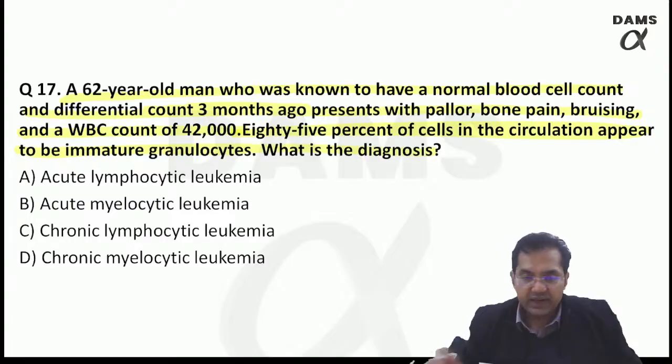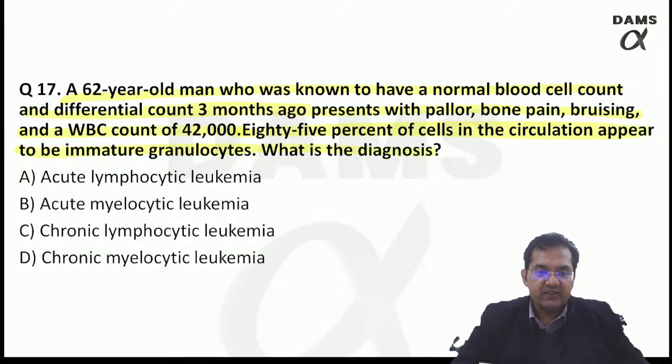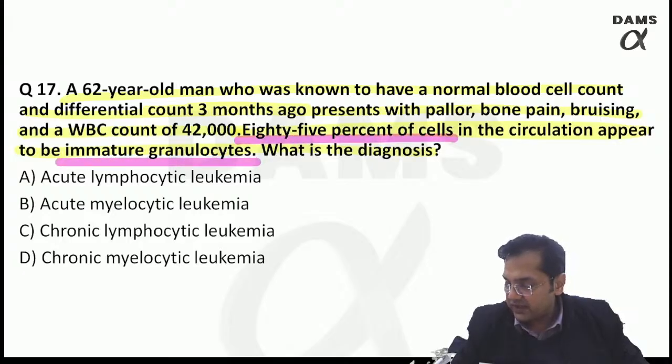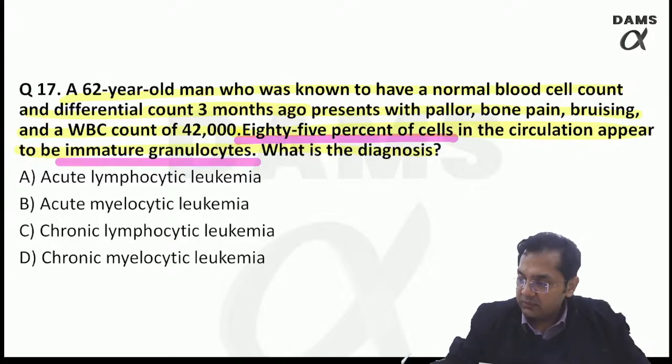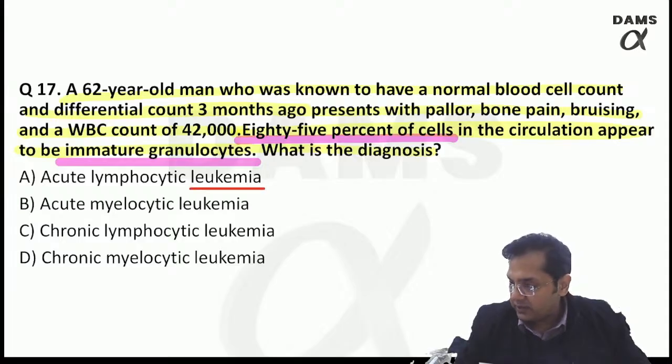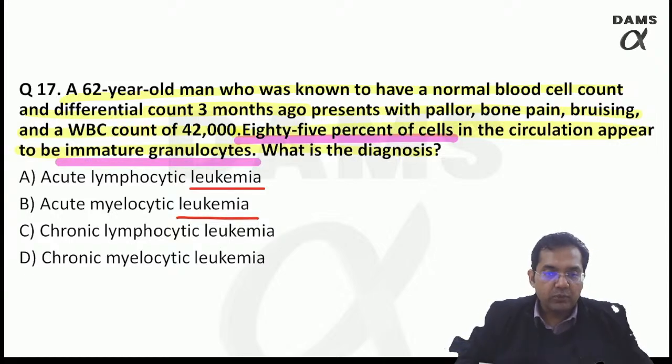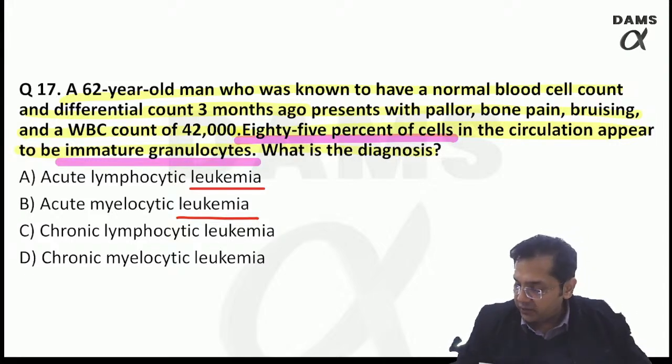What is the diagnosis? Think and tell. Very interesting question. 85% of cells are immature granulocytes, a very high number of immature granulocytes. This happens in only one condition, leukemia. Now is it lymphocytic or myelocytic? Naturally it is myelocytic. Myelocytic are the granulocytes.